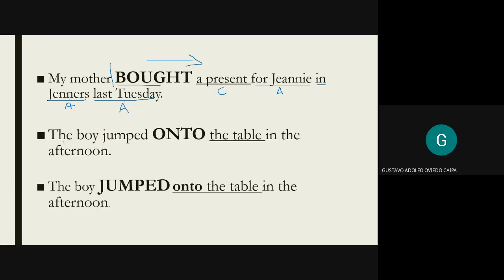All right, in the second one, the boy jumped onto the table in the afternoon. So in this case, I'm going to analyze the preposition onto. If I analyze the preposition onto, the element, the table, becomes obligatory, right? And let's try to eliminate this element, the table. If I eliminate the table, what do I have left?